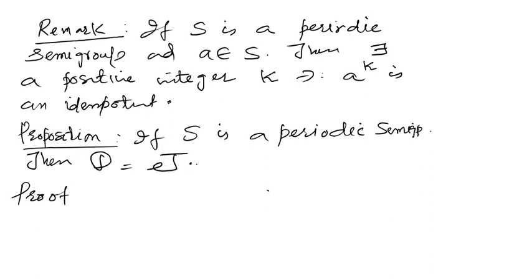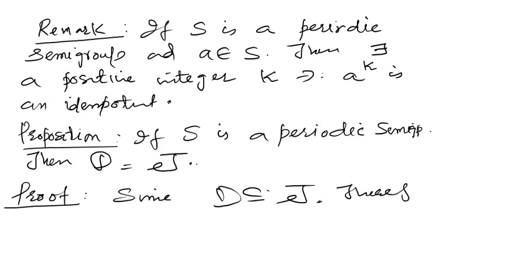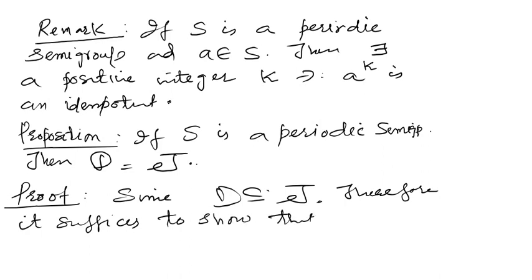Proof. Since D is always a subset of J, it suffices to show that the J relation is a subset of the D relation.